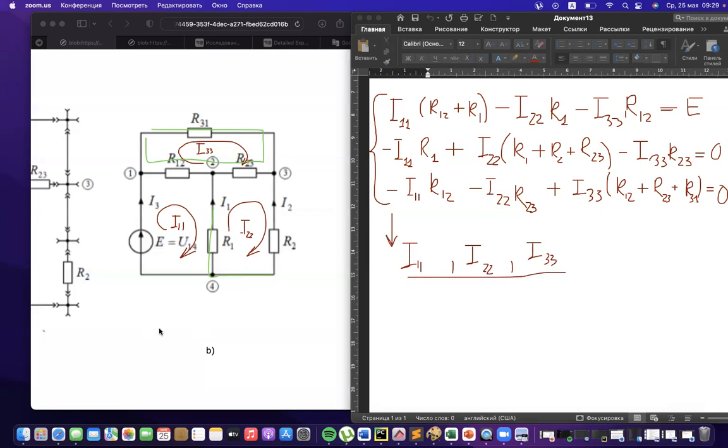And after it, you will obtain voltages, for example, voltages U12, U23, and U31.